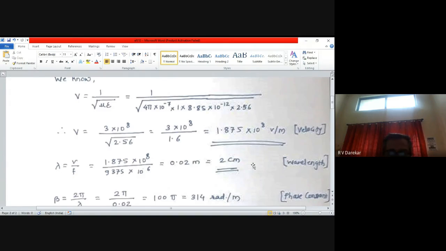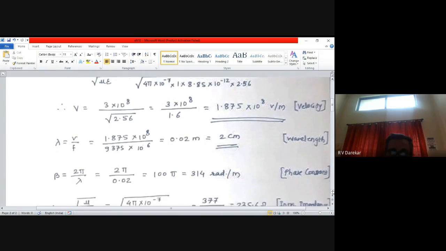In the same way, we have been given the phase constant. Phase constant is nothing but beta is equal to 2 pi by lambda. Substituting the value of lambda in meter, we'll be getting value of beta is equal to 314 radians per meter. There is a constant phase change of the electromagnetic wave having value 314 radian per meter.